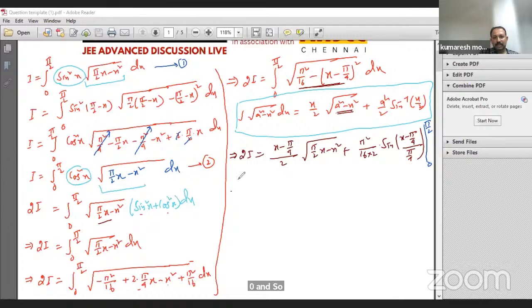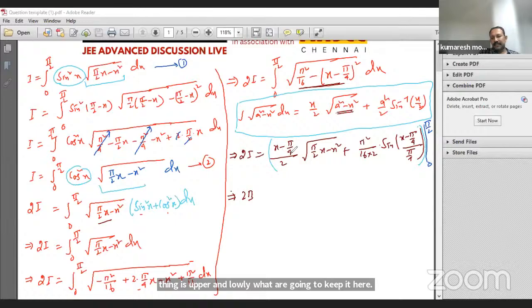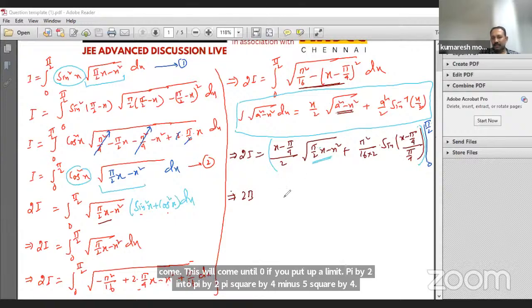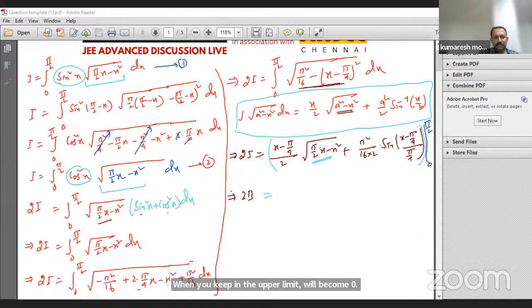So we can write the next line is what? 2I is equal to, this whole thing is the upper and lower limit. I'm going to keep it here. Put pi by 2 upper limit, right? So it will become what here? Pi square by 4 minus pi square by 4 will come. This will become entirely 0 if you put upper limit, pi by 2 into pi by 2, pi square by 4 minus pi square by 4. So keeping the upper limit, it will become 0. So 2I is equal to, we'll get 0 over here plus upper limit.